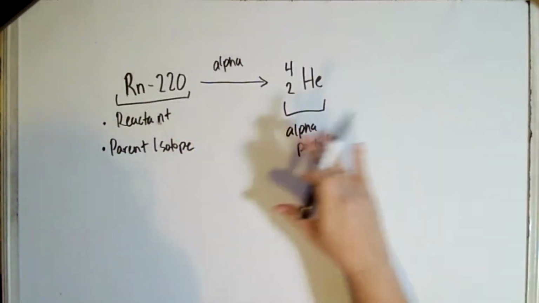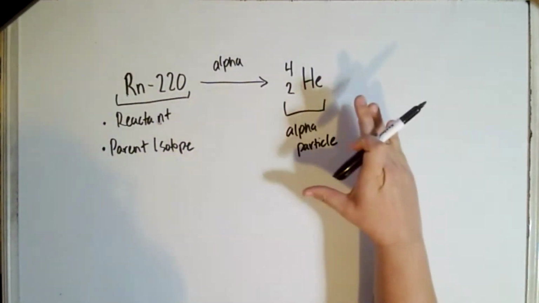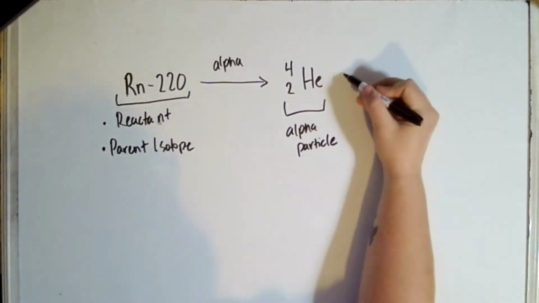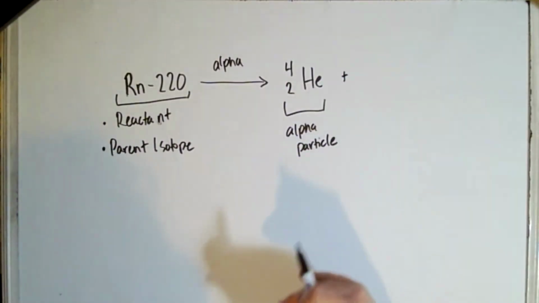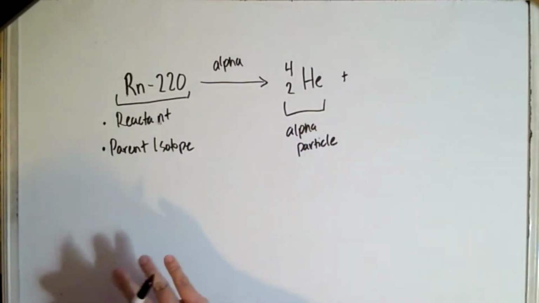The reactant is going to emit, or release, an alpha particle, and then what's inside of the nucleus is going to change. So this is what we are going to try to figure out: what is the product that forms here?